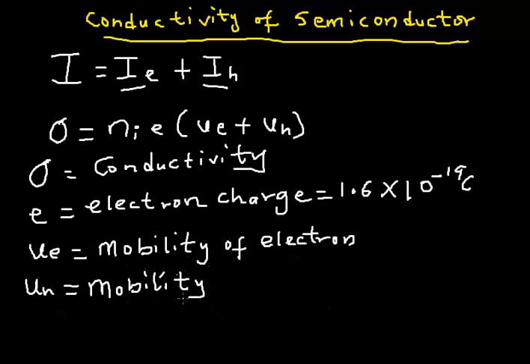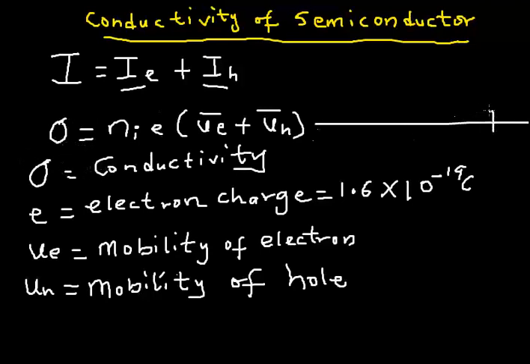So μ_h is the mobility of the hole, because here we are dealing with a semiconductor, so both the electron and the hole are moving, and they equally contribute to the flow of current. Please take note of this, so that any time you need to calculate the conductivity of a semiconductor, this is the main formula.